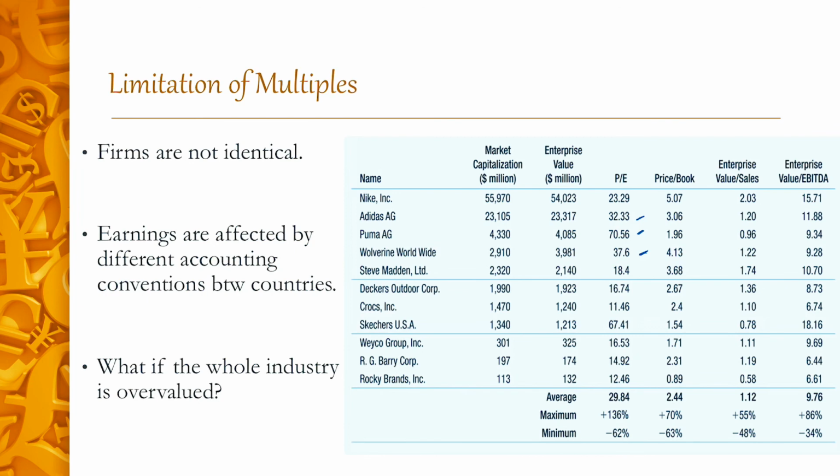But all of those multiples in that specific industry were much higher than what they should have been, because the prices of firms were overvalued. So if the whole industry is overvalued, the estimate that we come up with for another company would not be right.